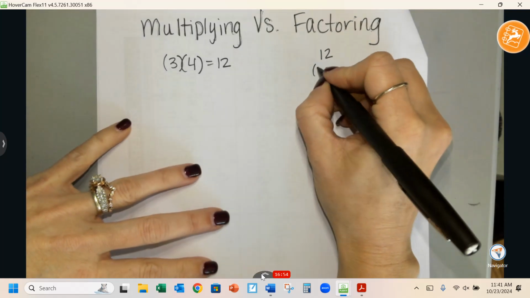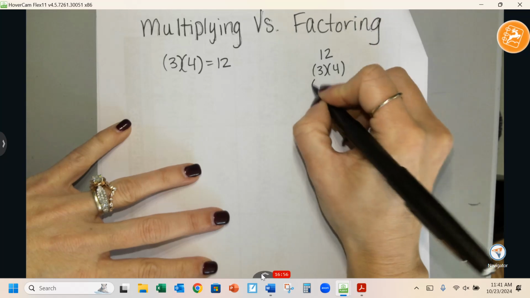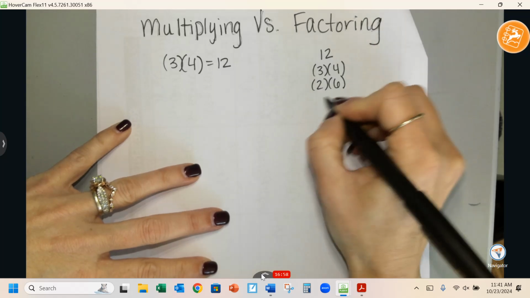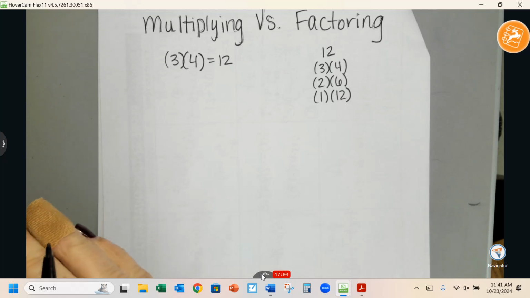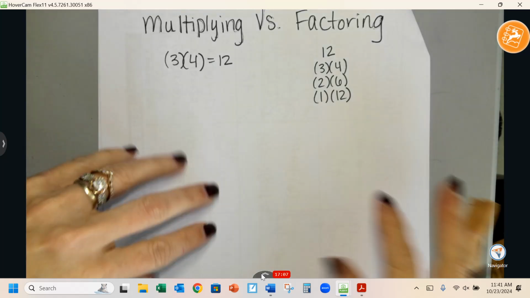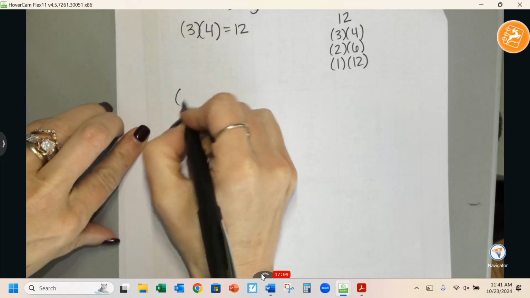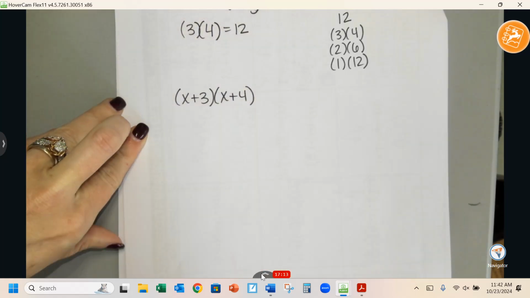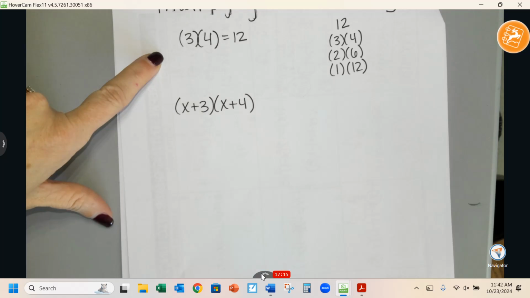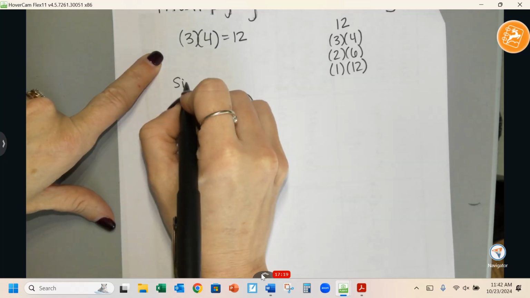So then you would tell me 3 times 4, 2 times 6, 1 times 12. It gets a little harder when I say (x plus 3)(x plus 4). This is the same thing. I'm asking you, and the quiz and the test will say simplify.